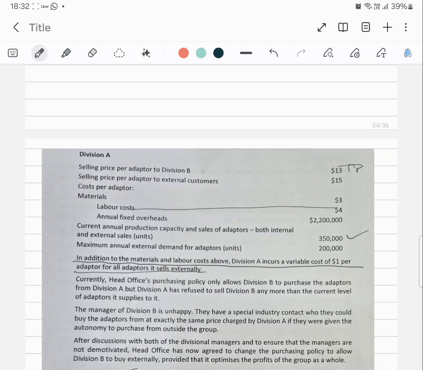So the external sale price was how much? 15, and on that 15 how much was the cost being incurred? It was 3, 4 and 1.